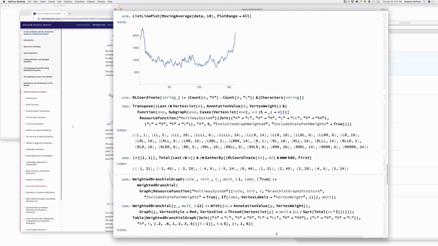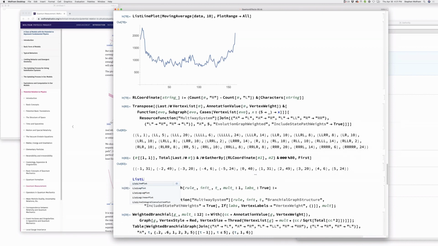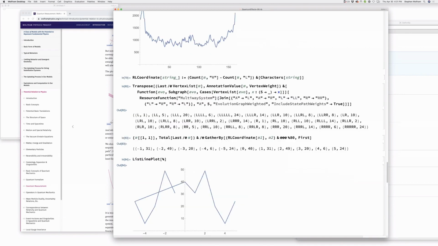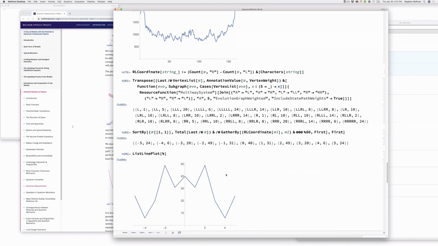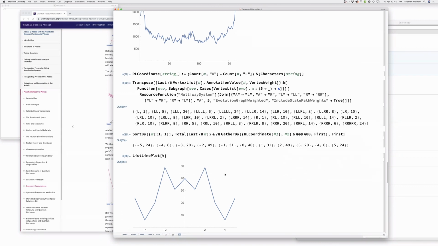Now let's make a plot here. We want to sort by the first element, don't we? Okay. At least it's symmetrical. Yeah, I know. Well, that's good.